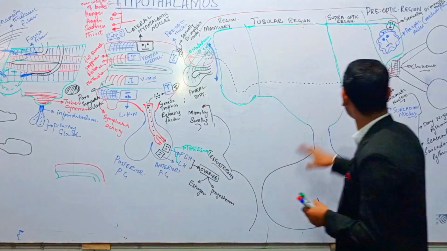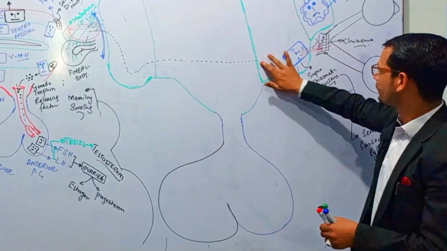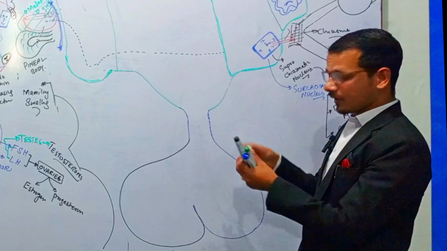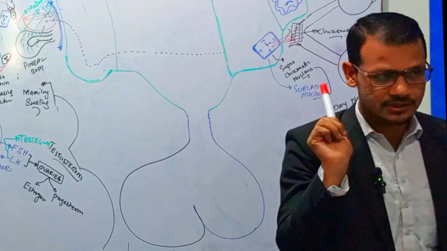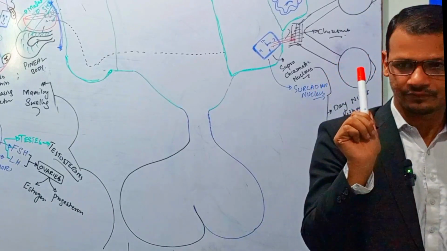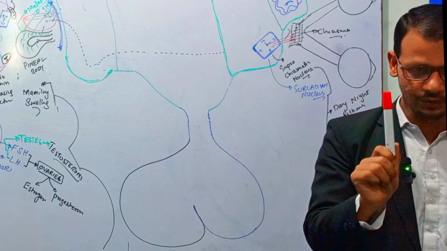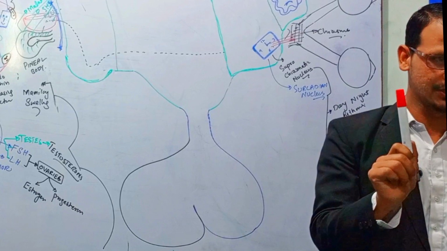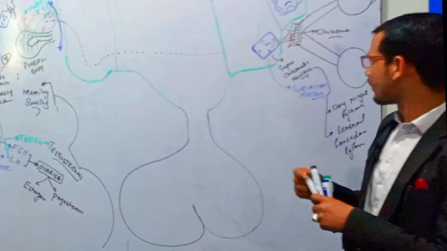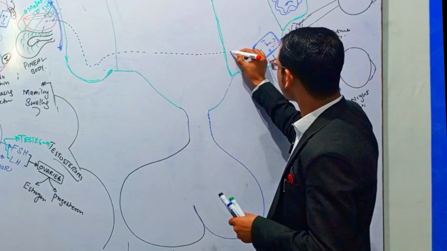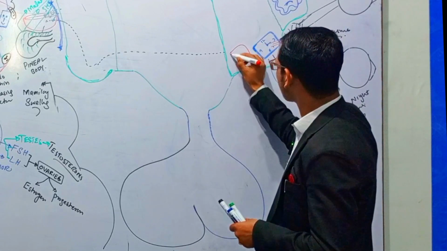Right? For example, we have a nucleus present here. These are now the neuroendocrine functions. Focus on it. These are neuroendocrine hormones, right?